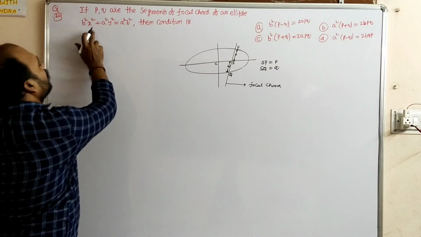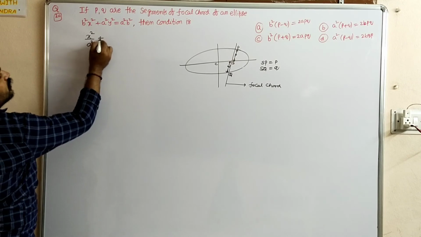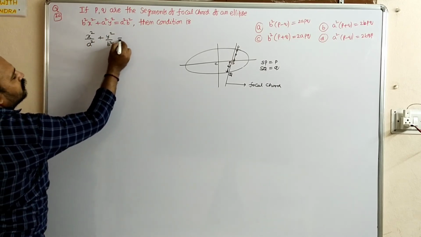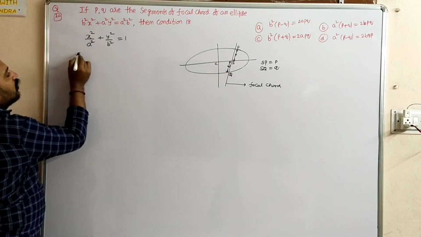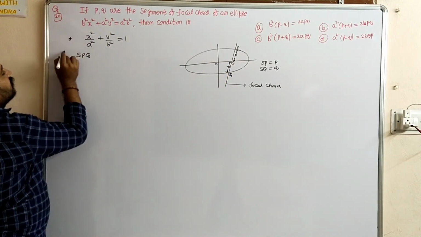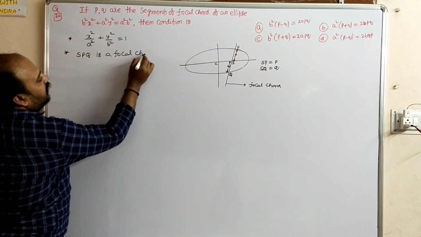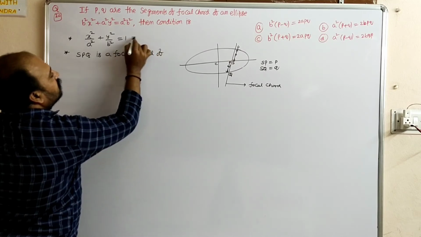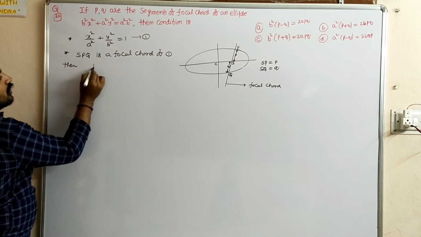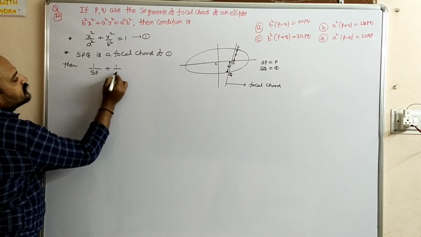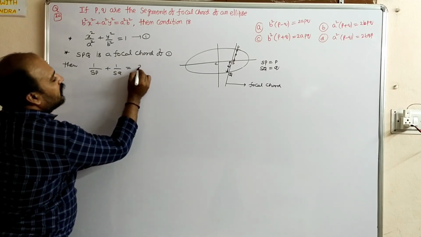Then the condition: this equation of ellipse, dividing by A square B square, means x square by A square plus y square by B square equal to 1 will come now. So whenever PSQ is a focal chord of the ellipse, then we have 1 by SP plus 1 by SQ is equal to 2 by SL.